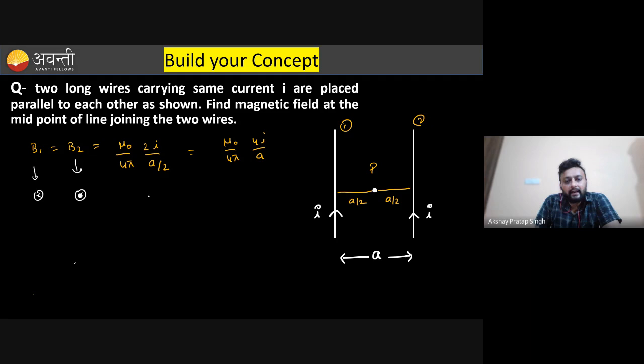Now, both these vectors are opposite to each other, and their magnitude is the same. If the magnitude is the same and the direction is opposite, the net field will be zero. Is it clear now? Is there any doubt? Okay, I think this is clear. Moving further for the next question.